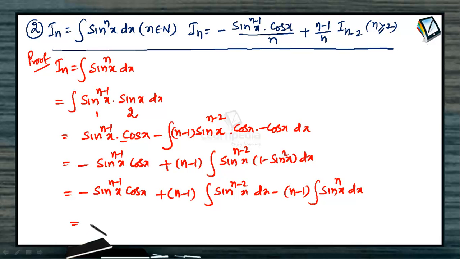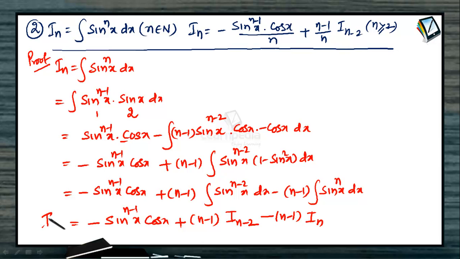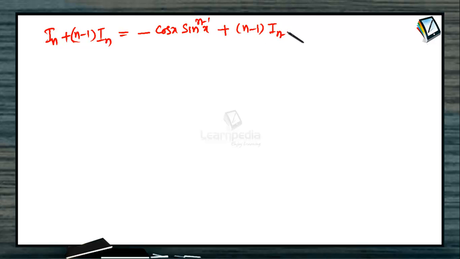So therefore this is minus sin^(n-1)x into cos x plus (n-1). This is in terms of I_(n-2) and obviously this is in terms of I_n. So therefore you can write it as I_n plus (n-1) times I_n is equal to minus cos x into sin^(n-1)x plus (n-1) times I_(n-2).